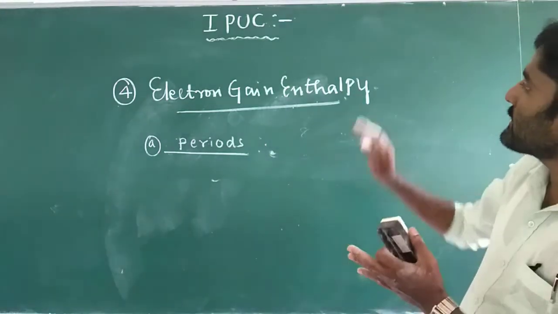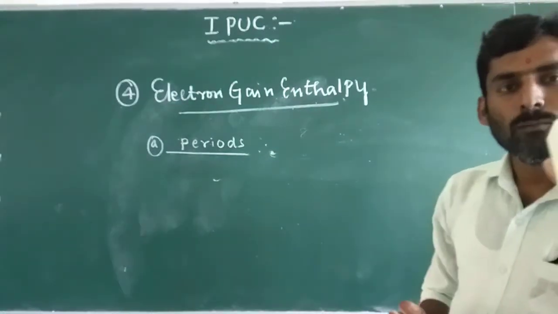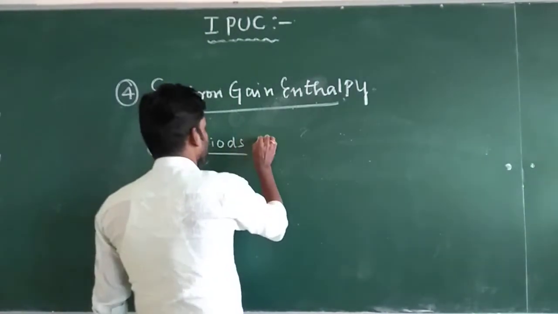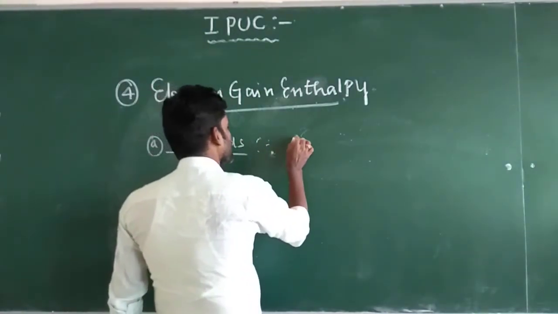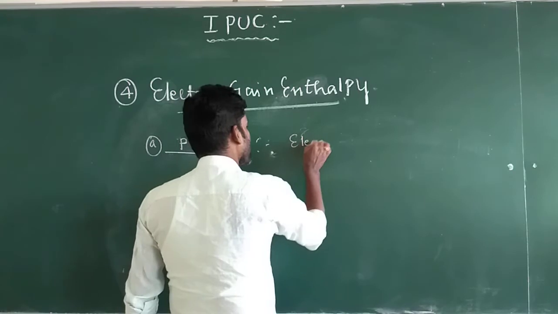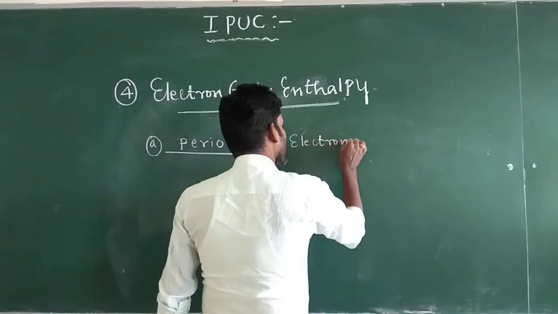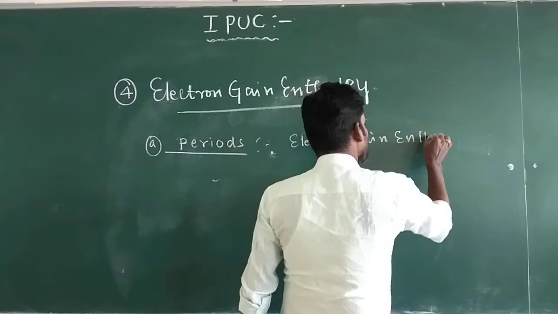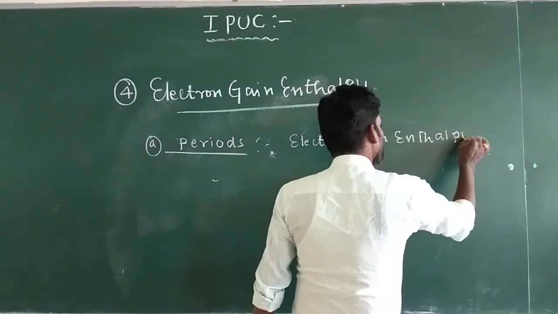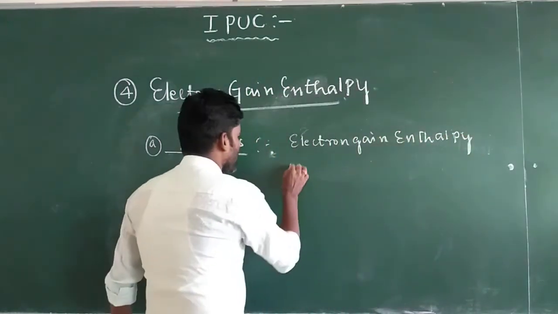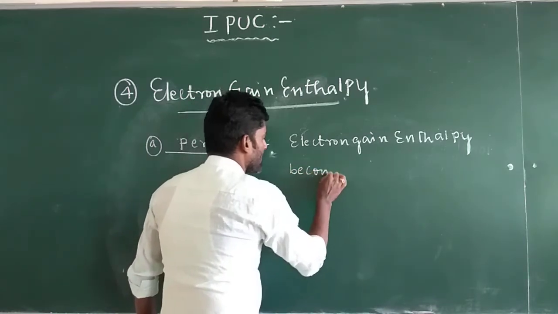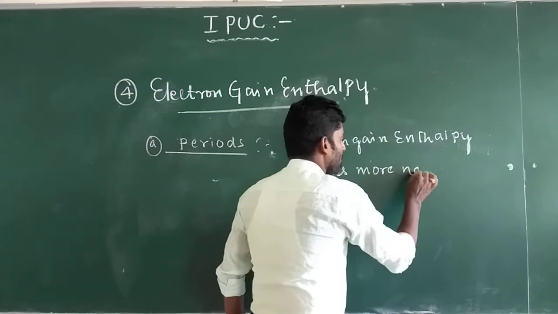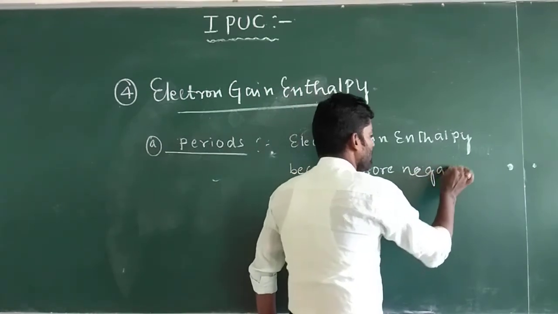That is, electron gain enthalpy becomes more negative in periods.